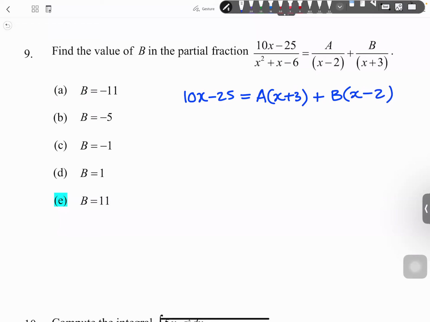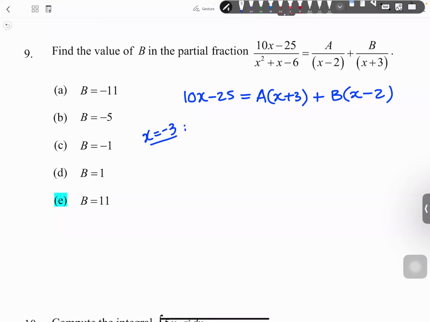Now, keep in mind that we're trying to find the value for B. So what can we plug in here to eliminate A? We get to pick any value for x to fix this equation to allow us to solve for A and B. So seeing that I want to eliminate A, I'm going to plug in x is equal to negative 3.